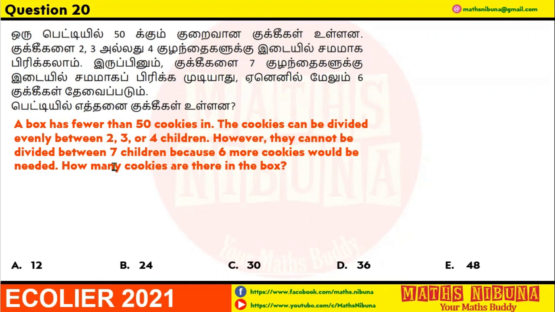However, they cannot be divided between 7 children. 2, 3, 4 can, but you cannot give to 7 children. If you give to 7 children, 6 more cookies will be needed. If there are 7 children, you give them evenly, and you still need an extra 6 cookies to complete the dividing evenly among the children.